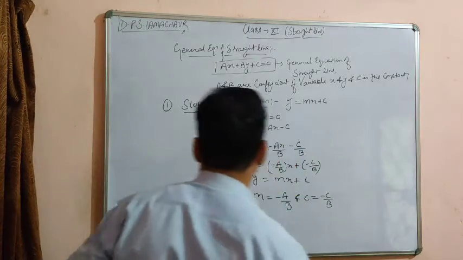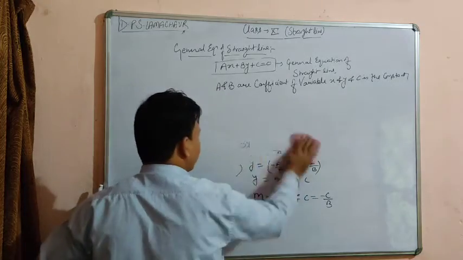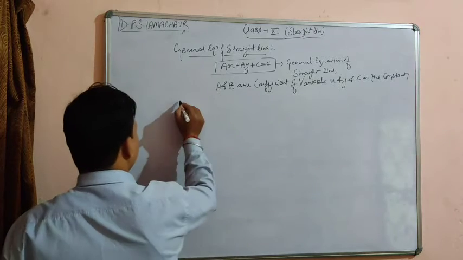Next form of a straight line is the intercept form.